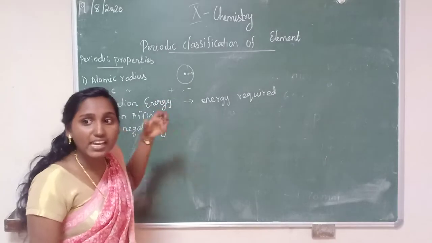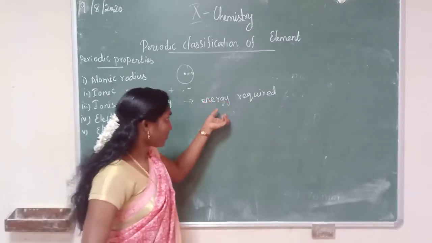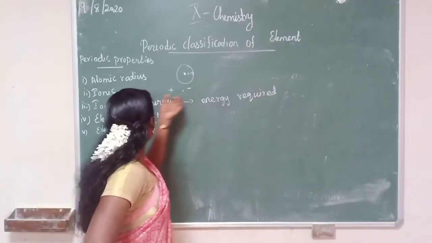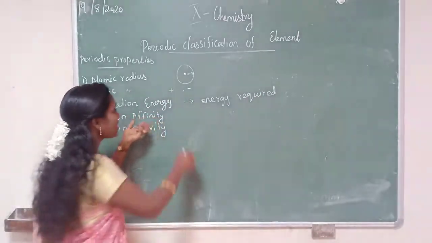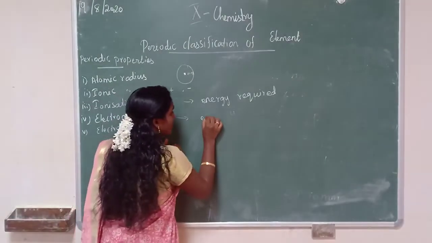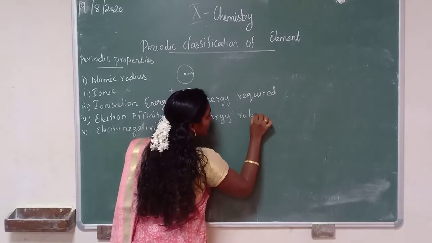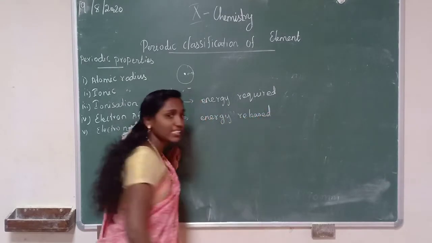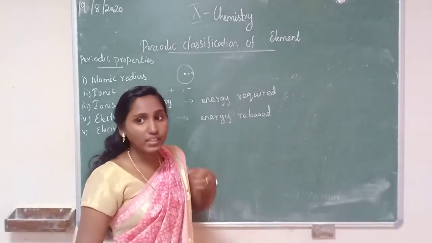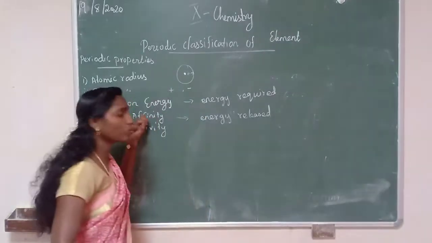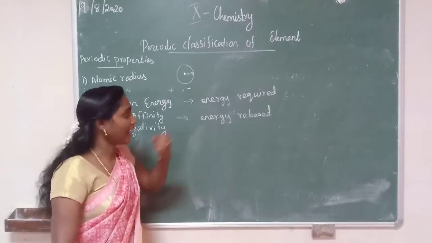In ionization energy, what did we study? Energy required, right? Here electron affinity means energy released. Okay, electron affinity means what? Energy released when a gaseous atom gains one electron. Already I told you electron affinity means electron attraction.